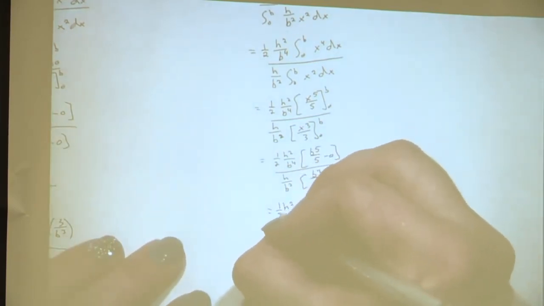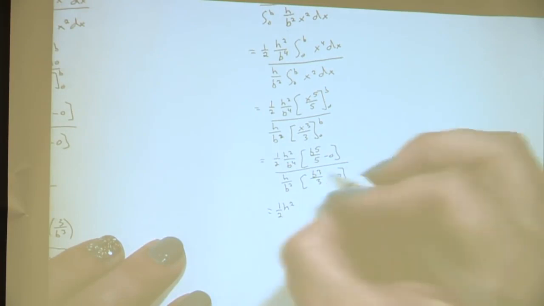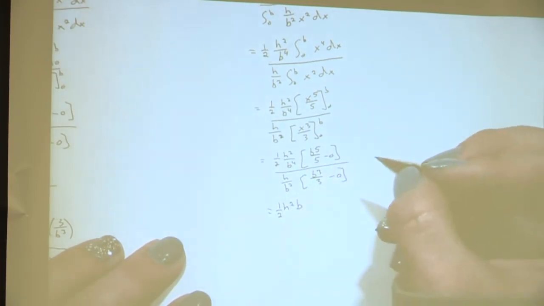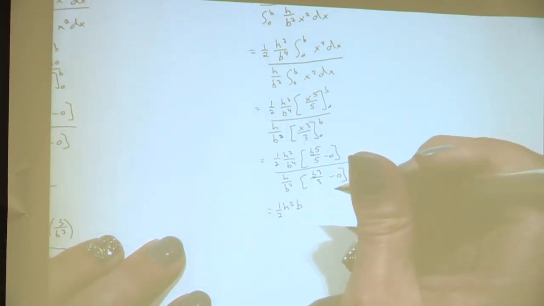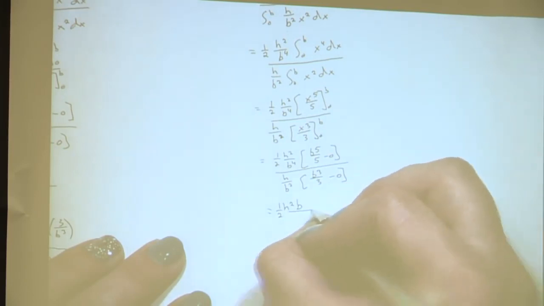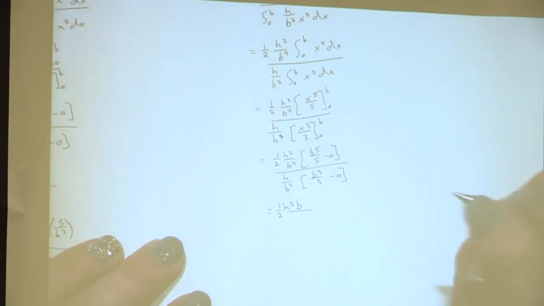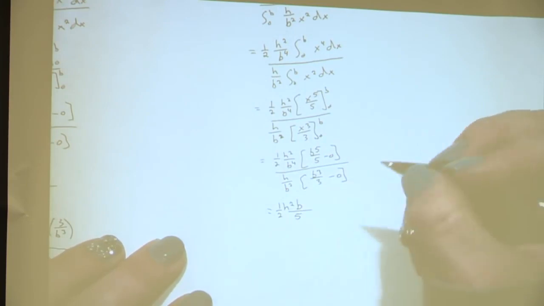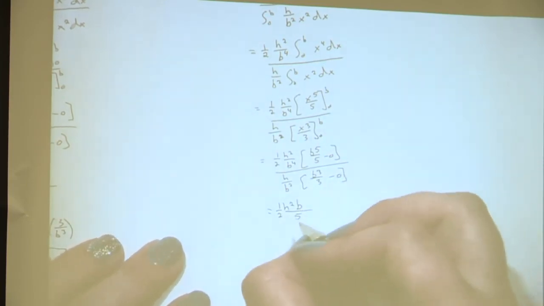So we have the 1/2 h squared, so we have h squared b over 5. And then what about the bottom?